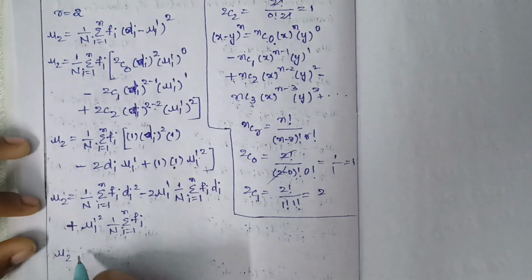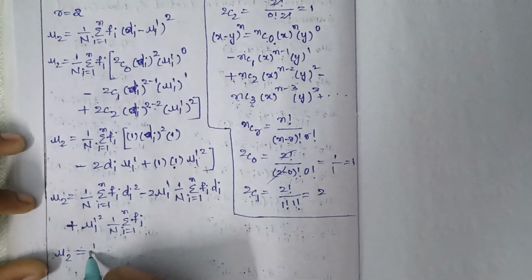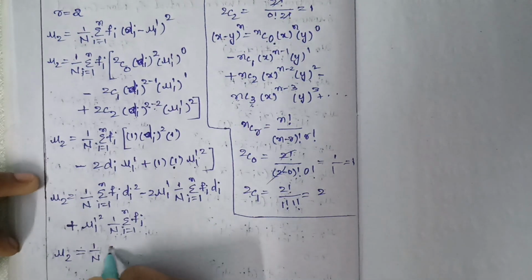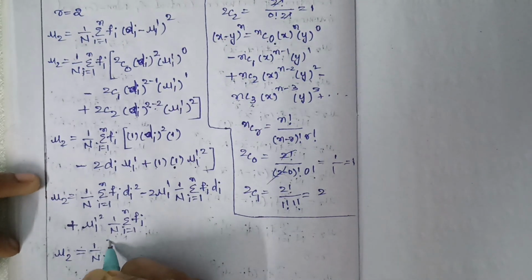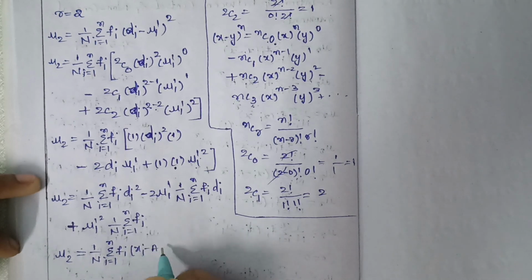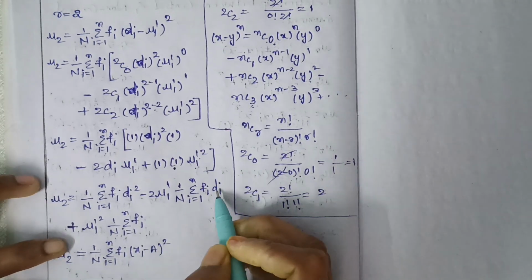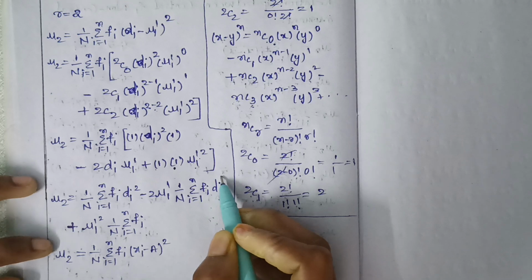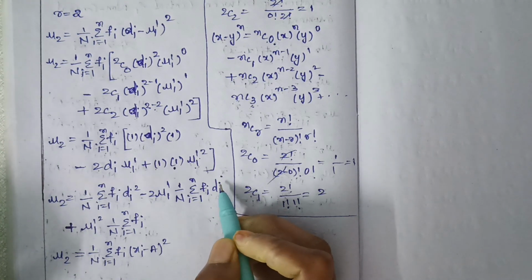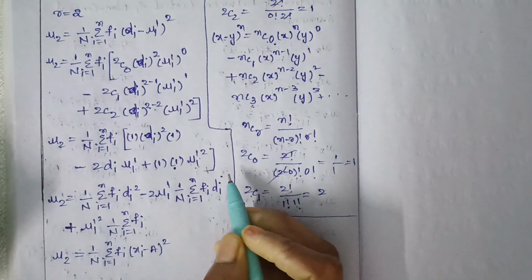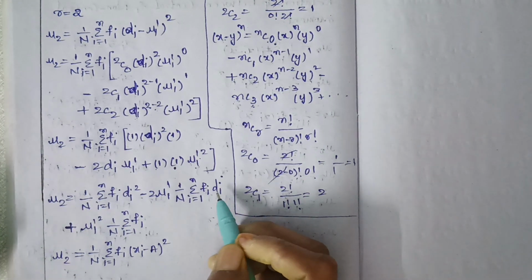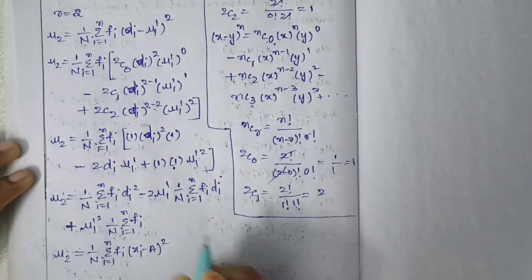So see here carefully. We know that di is equal to xi minus a. Therefore, summation i equals 1 to n fi into (xi minus a) whole square. And if a power is not there, it is nothing but 1, and 1 to the power of 1 is 1. Therefore, di to the power of 1 is also di. So we can write di to the power of 1.